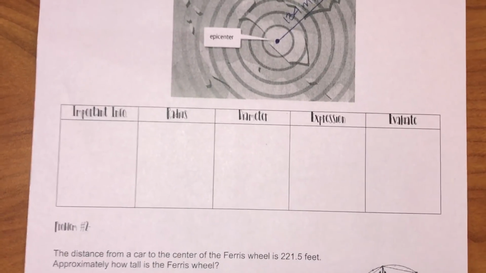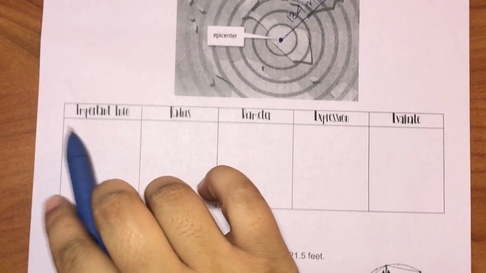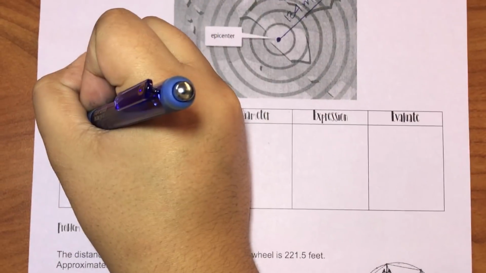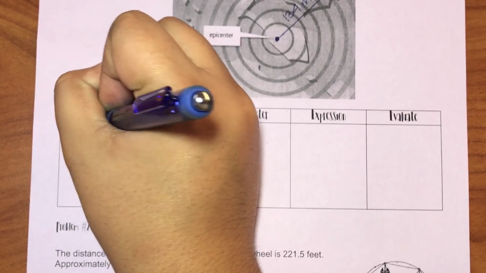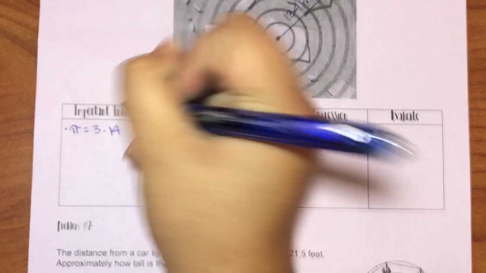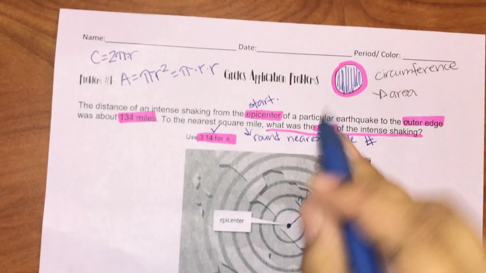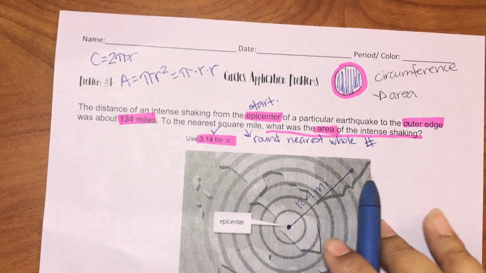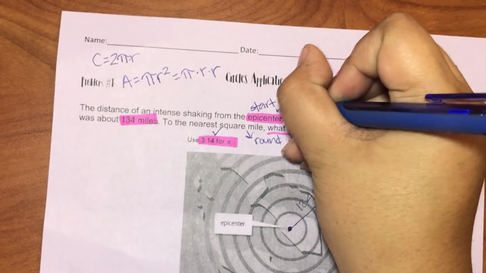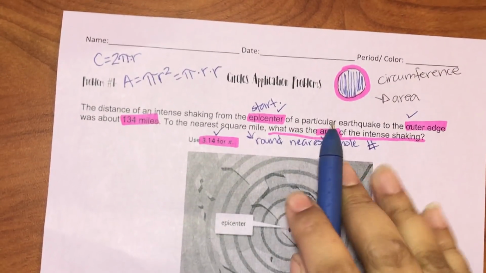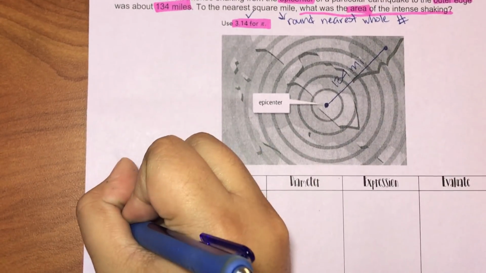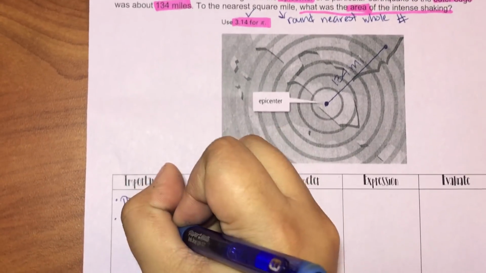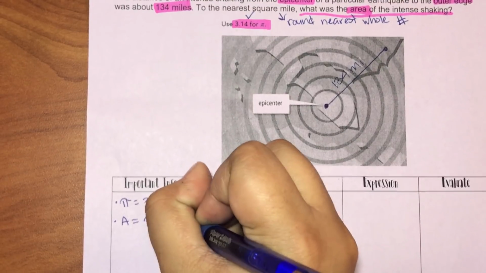Down here we have a table to organize our information. So what's some important information that we saw? Well, first off, for pi, we're going to let that be 3.14. We already used the start and the outer edge to draw our picture. We need to know the area, and we know that's equal to pi times r squared.